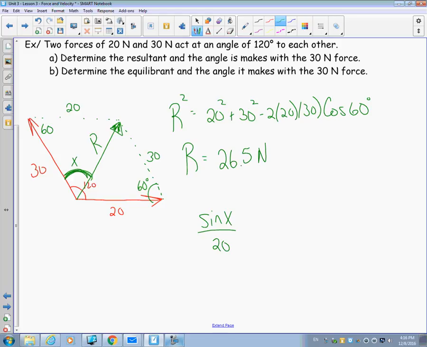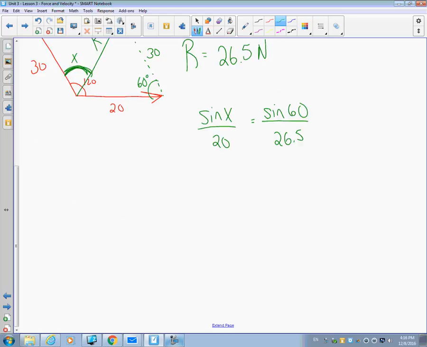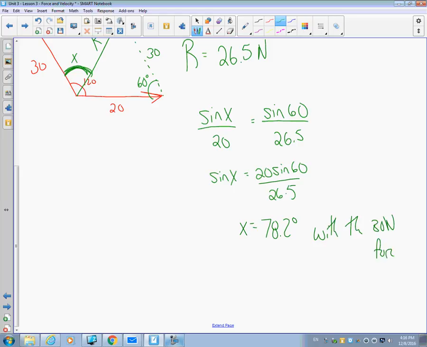I know my 60 degrees is across from the resultant, 26.5. I know I can cross multiply and solve. So sin x equals 20 sin 60 over 26.5. Into your calculator, inverse function, and you should get 78.2 degrees. And that's 78.2 degrees with the 30 newton force.